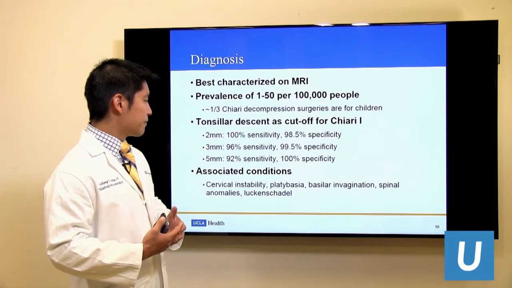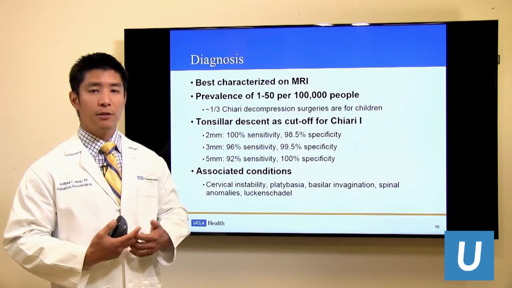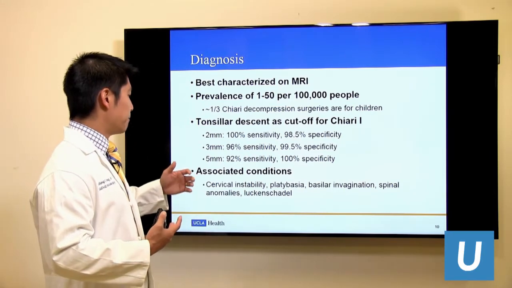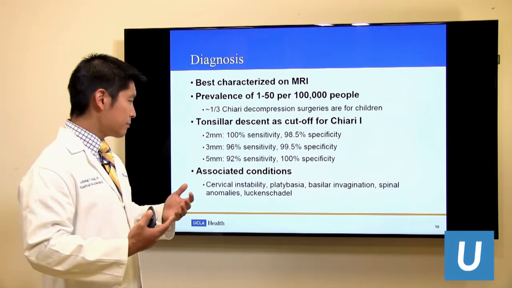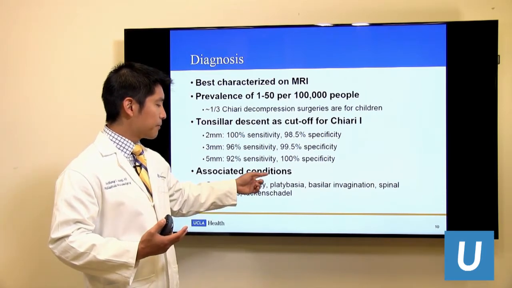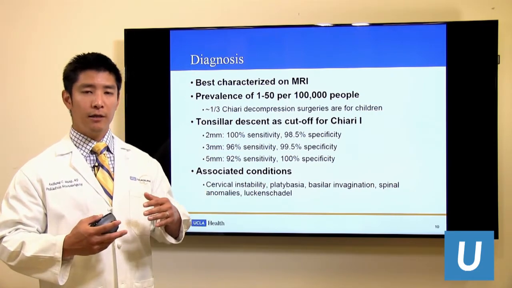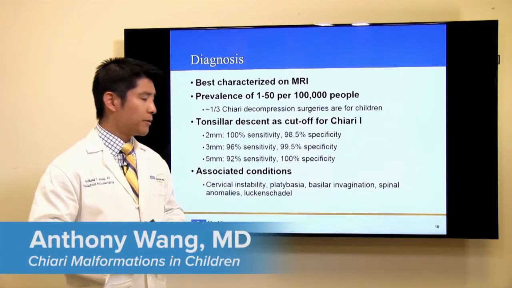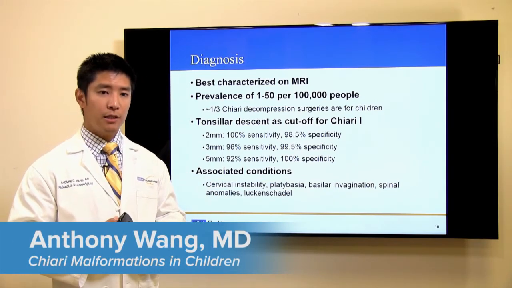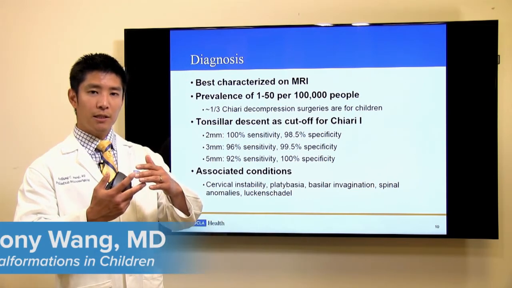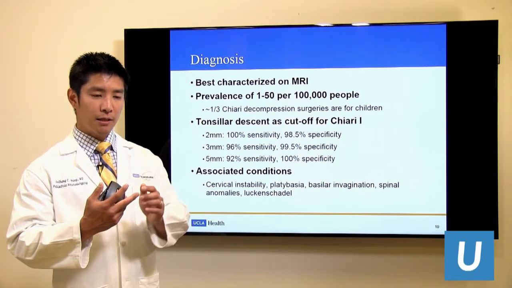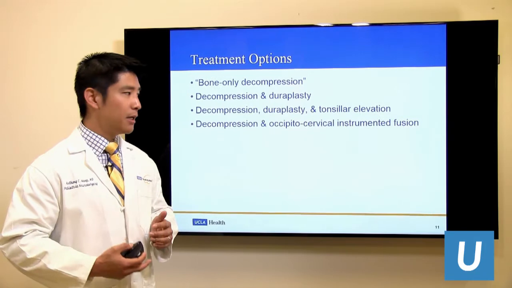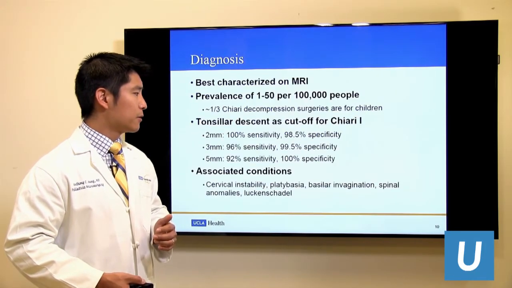In addition, we'll look for associated craniospinal anomalies right at the craniovertebral junction. Cervical instability can be related to platybasia, which is an increased clival angle, an increased angle between the base of the skull and the spine. It can predispose to basilar invagination, a condition where the skull is sitting a little low on the spinal cord, and the spine can be pressing against the spinal cord.